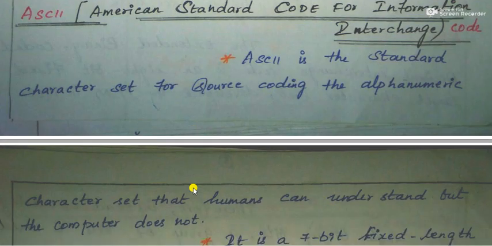The expansion for ASCII is American Standard Code for Information Interchange. We know that this is a 7-bit code. ASCII is the standard character set of source coding, an alphanumeric character set that humans can understand but the computer does not.